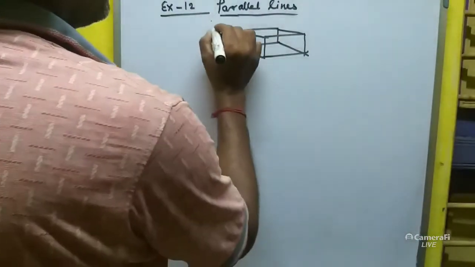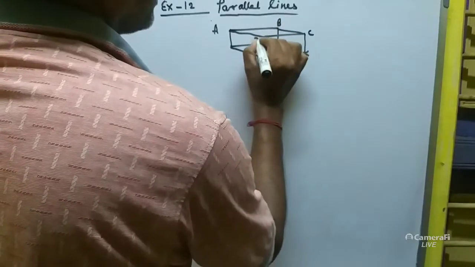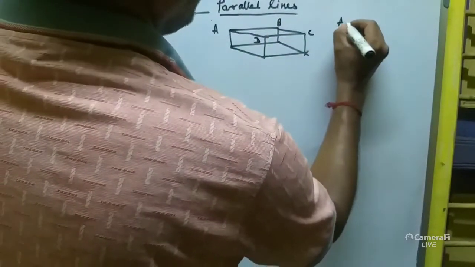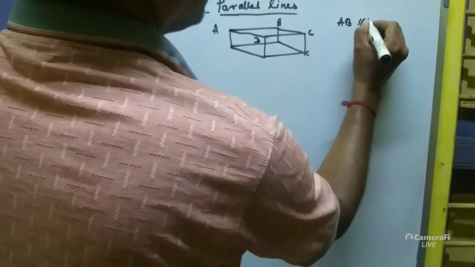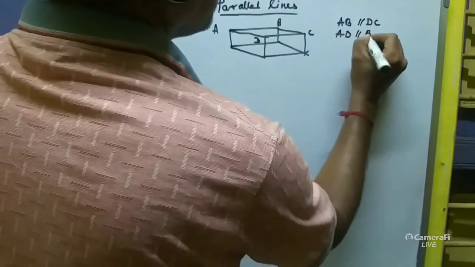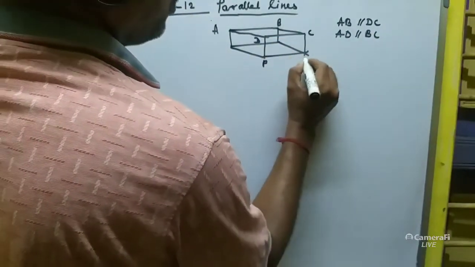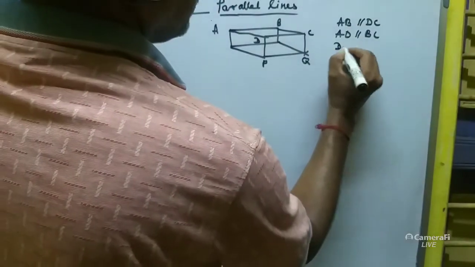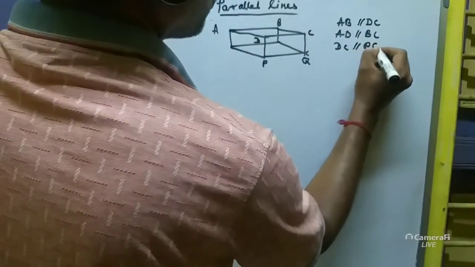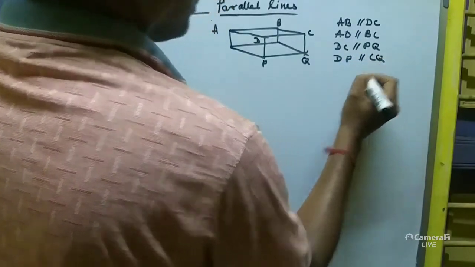You can easily find this one, A, B, C, D. So you can easily say that AB is parallel to DC and AD is parallel to BC. In this way, if you get this PQ, then DC is parallel to PQ and DP is parallel to CQ.